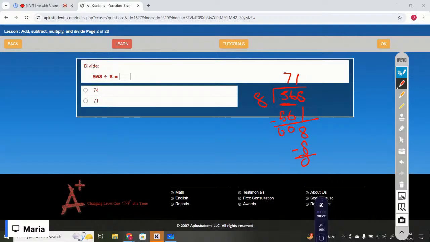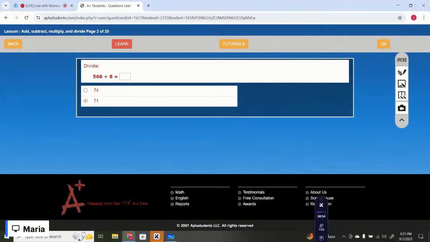That is 71. Option number 2 is the correct option. 71 it is.